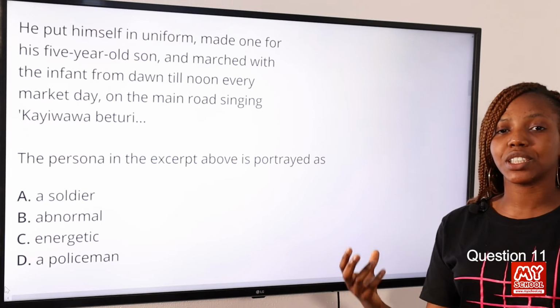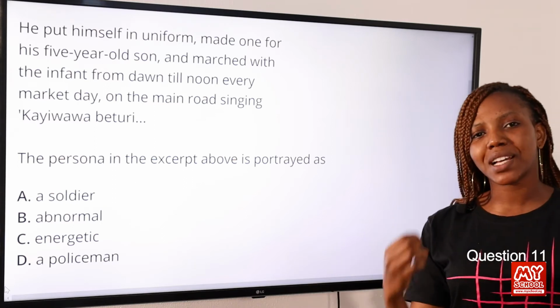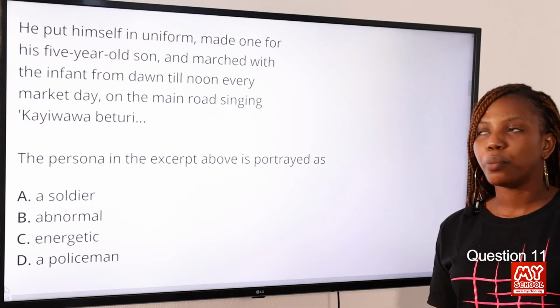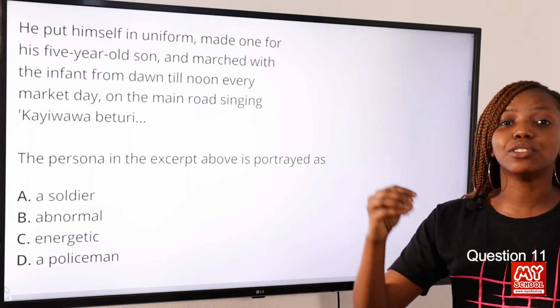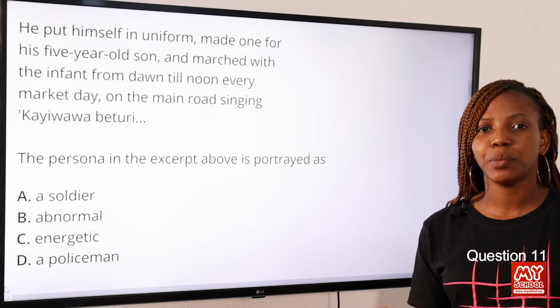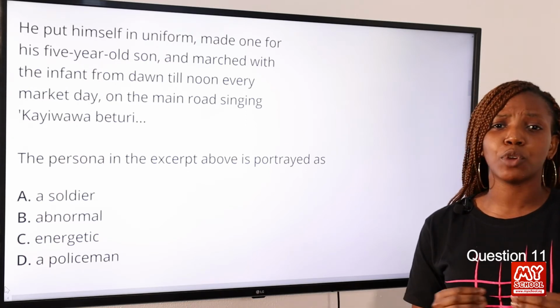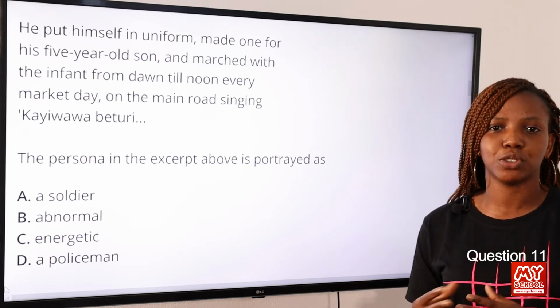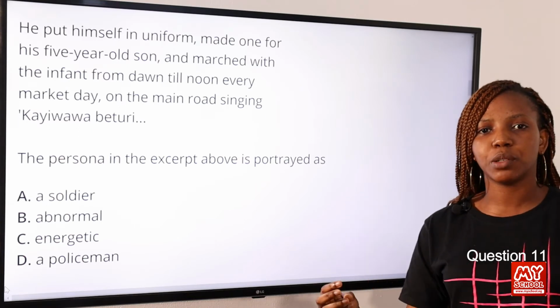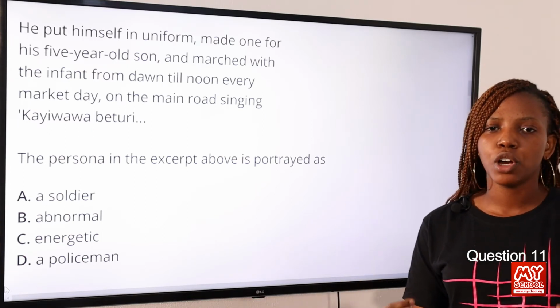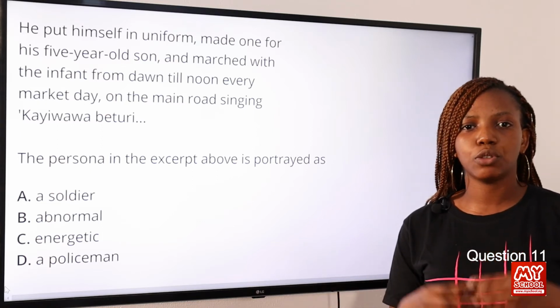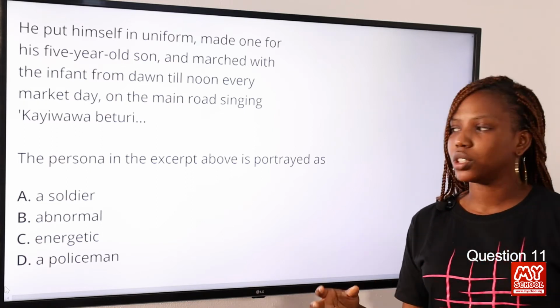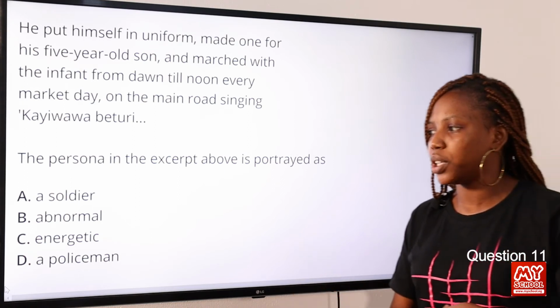Someone putting himself in a uniform, making one for a 5-year-old boy, and then marching with this boy from dawn till noon every market day. So the answer to this question is abnormality. This person is not normal. For no reason, you wake up in the morning, you dress yourself in a uniform, and you take a 5-year-old boy, you put on the same uniform for him, and then you march from dawn till noon. The answer to this question is option B, abnormal.